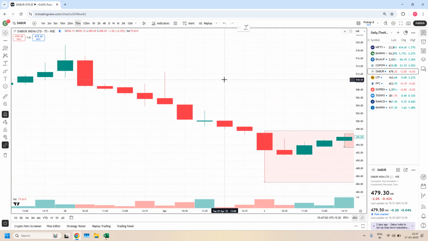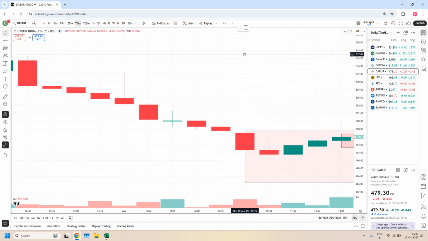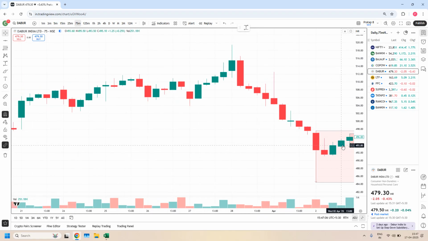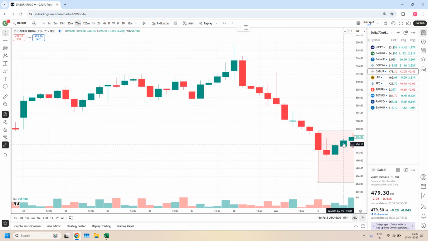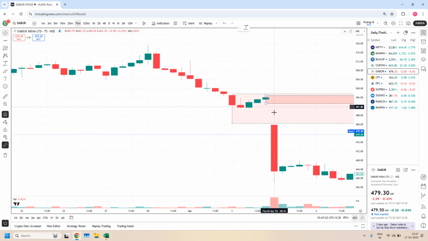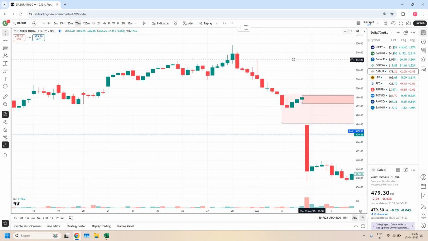Hide the candle, you will get clarity. So this is a rally, base and drop. Even if you consider this small candle also as part of the base, the zone will still be the same. Either way you can draw it.